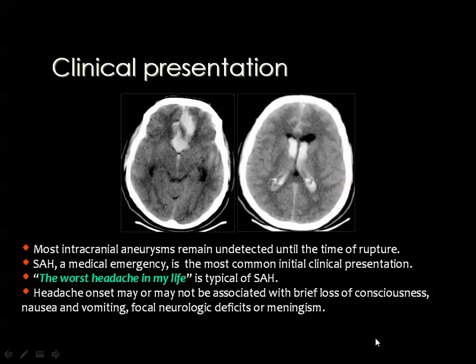The clinical presentation of aneurysms is usually due to the complication, which is the rupture. Most of the aneurysms, as written here, remain undetected until the time of rupture, and the rupture will result in subarachnoid hemorrhage. A very common symptom of subarachnoid hemorrhage is the worst headache in the life of the patient.